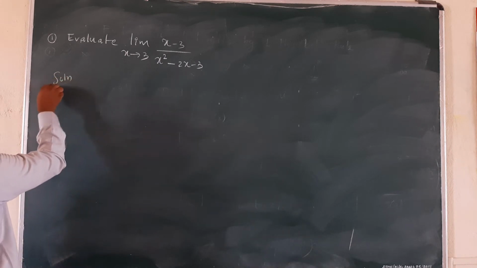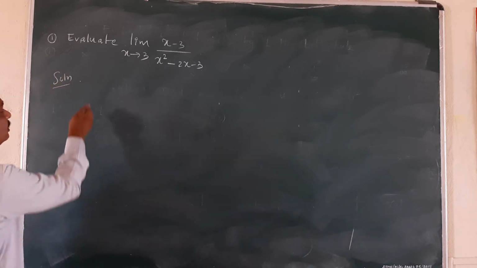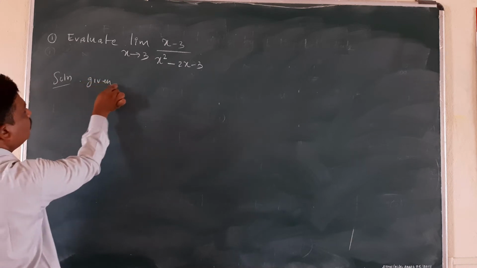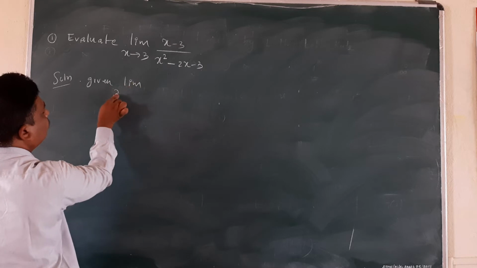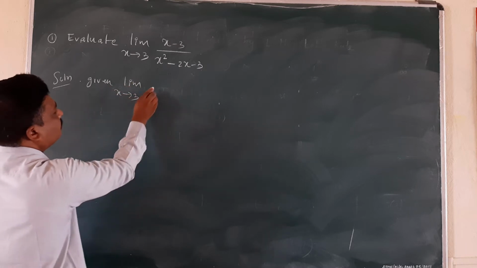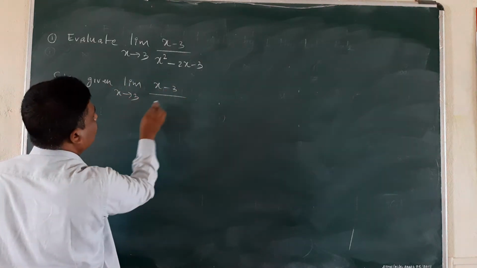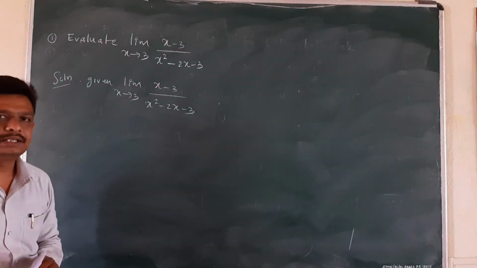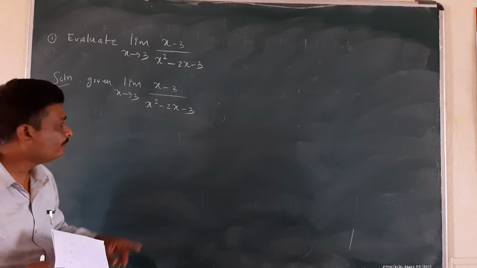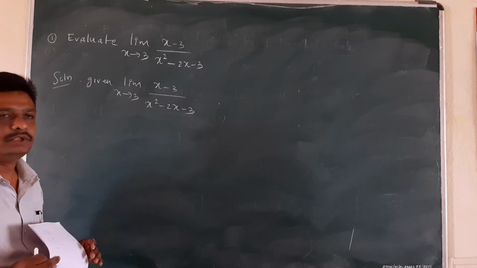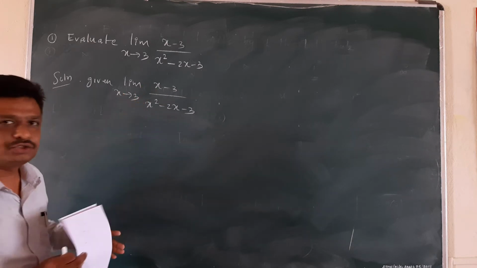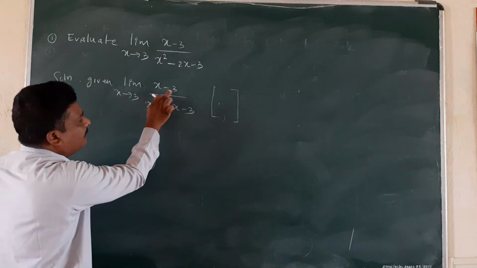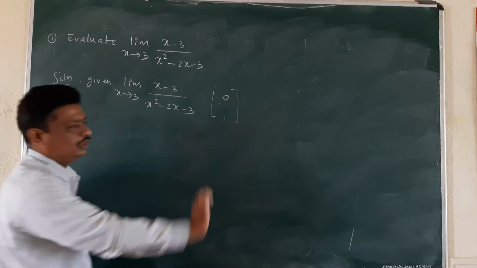Solution. This is a very simple example. Given the limit of x tends to 3, x minus 3 upon x square minus 2x minus 3. See here carefully. If I apply the limit x tends to 3, the numerator becomes 3 minus 3, that is 0.